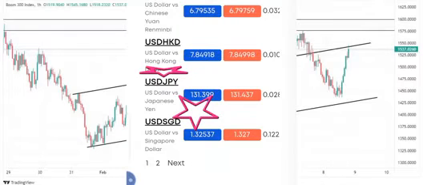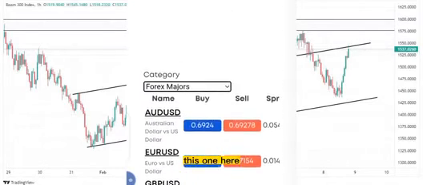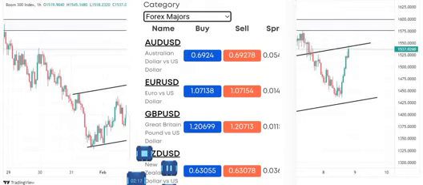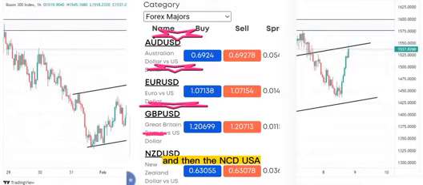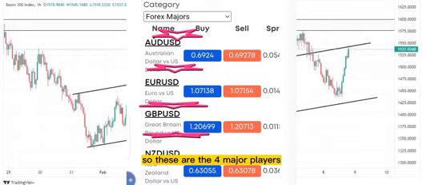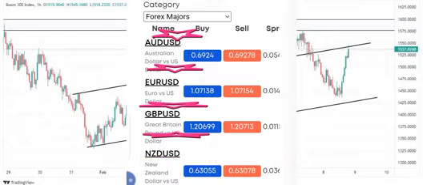Then the Australian dollar and US dollar, Euro USD, GBP USD, and then the NZD USD. So these are the 4 major pairs you are going to focus on for now: Australian dollar US dollar, Euro USD, that is the European currency versus the US dollar.